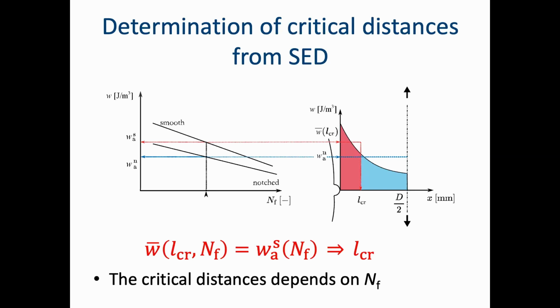We say that the strain energy density averaged over the critical distance is the same as the average strain energy density for a smooth specimen for a particular number of cycles to failure. In this way, we can determine the critical distances, how they depend on the number of cycles to failure.